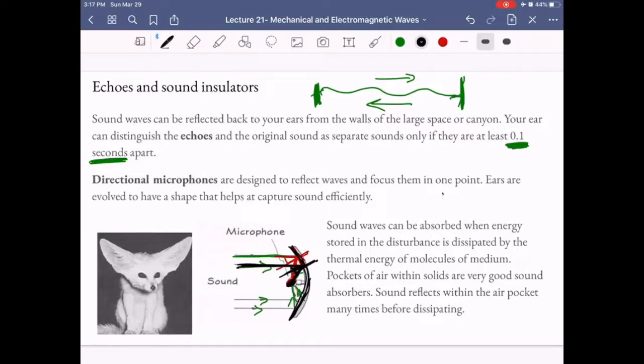If we have an air pocket inside wood, for example, or any kind of concrete, sound waves that reach those air pockets are reflected back and forth several times within the air pocket and eventually dissipated. So it's a good absorbent of sound waves as well.